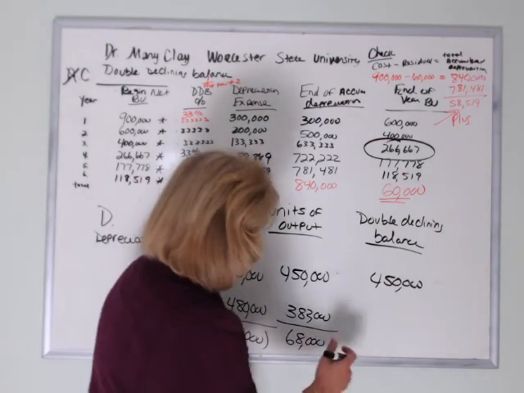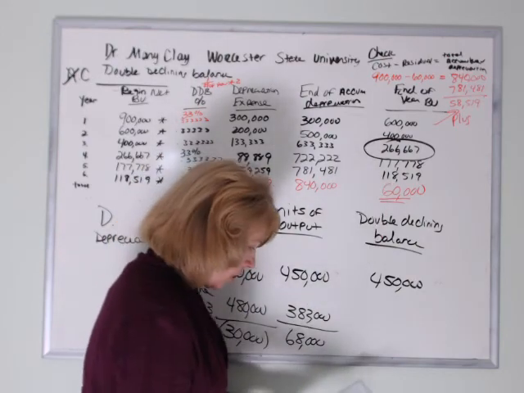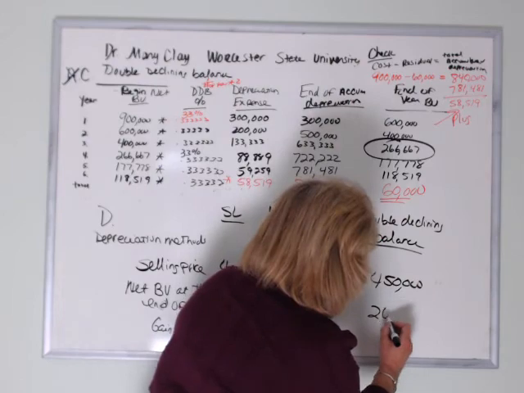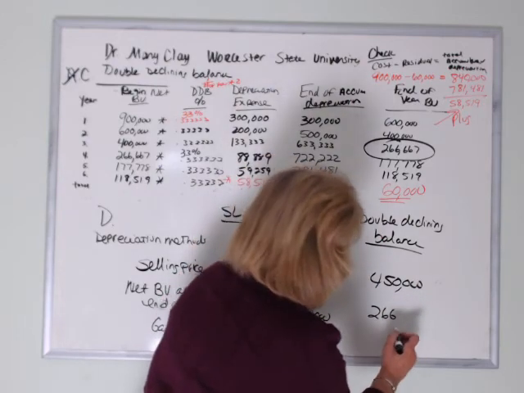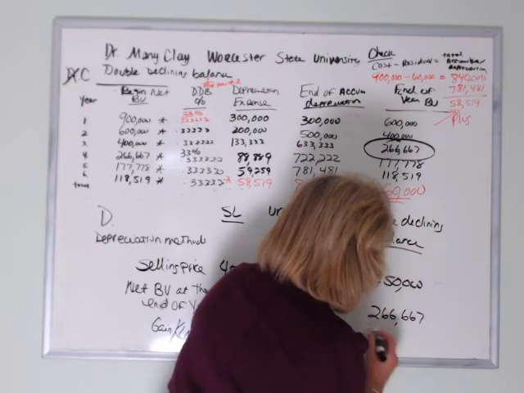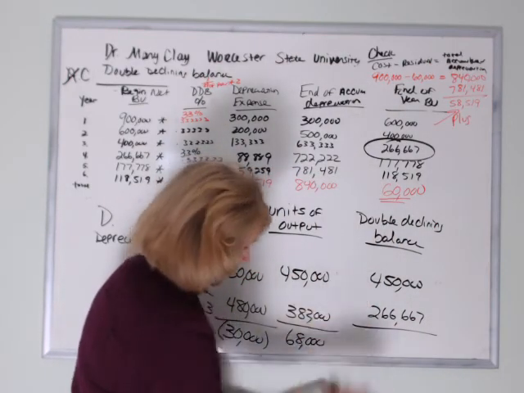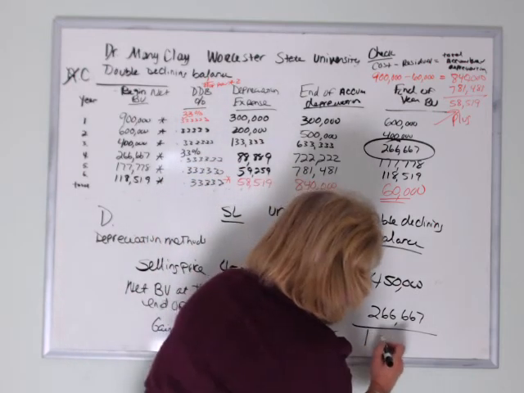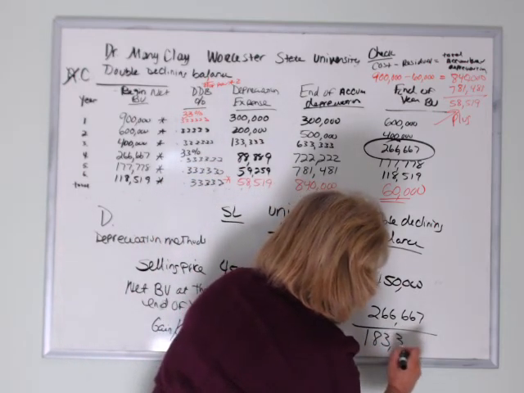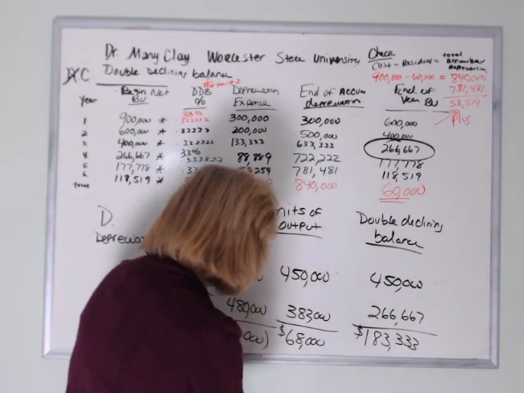And then my last one, double declining, I just look up the board above, 266. Don't transpose a number. I feel your pain. Sometimes I do it as well. You're going to take the difference between the two. This is going to be good too. You have 183,333. That's a gain on the sale of that asset.